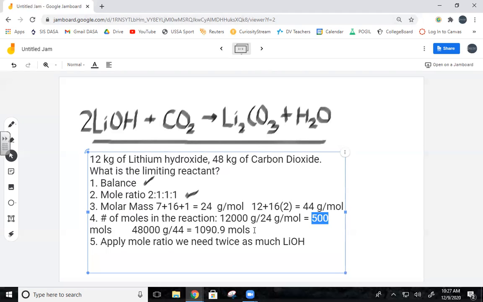How many moles of carbon dioxide do we have? 1,090. Which of these two reactants is the limiting reactant? Which one is going to run out first?